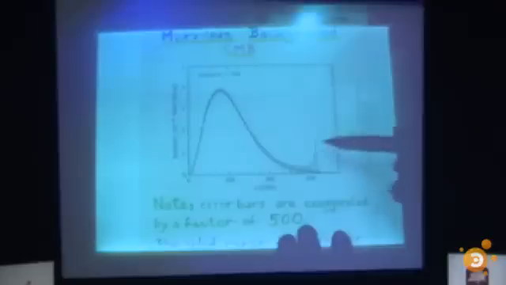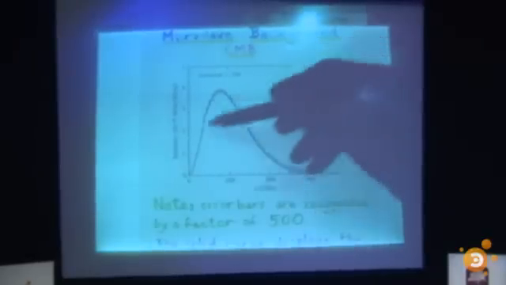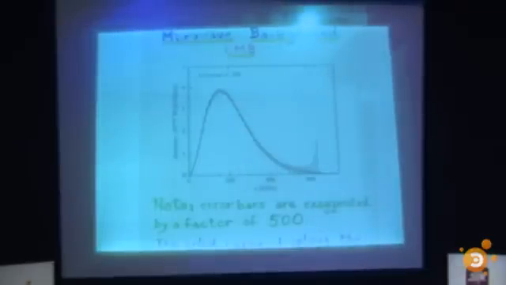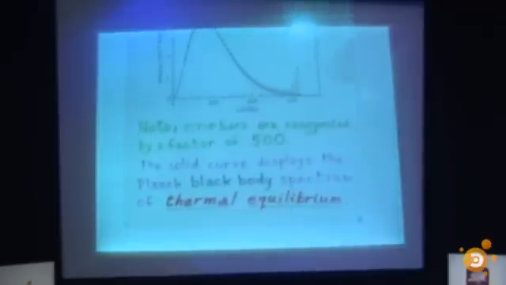So even the worst one down here, you have to squash that down by a factor of 500, and you see that the errors are less than the width of the line. So you have an extraordinarily precise agreement between the observations, as given by the limits of these error bars, and the Max Planck curve. Now, what is the Max Planck curve?